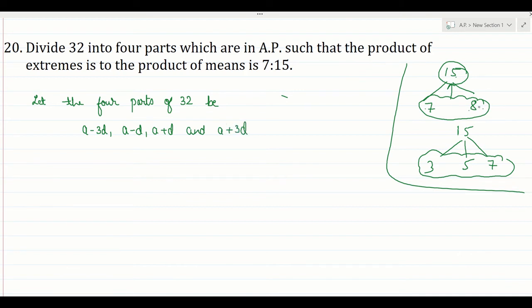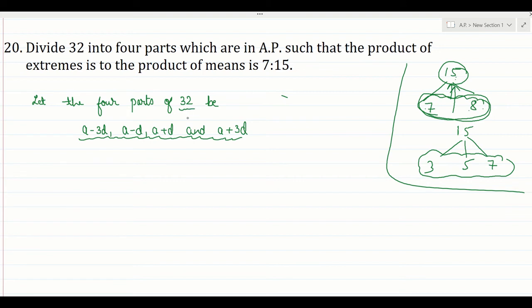As said, if 15 is divided into parts, when those parts are added, it must again give 15. So here 32 has been divided into 4 parts, so when these 4 parts are added, they must give 32.